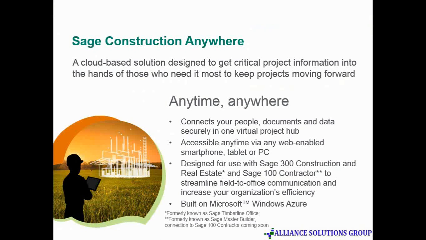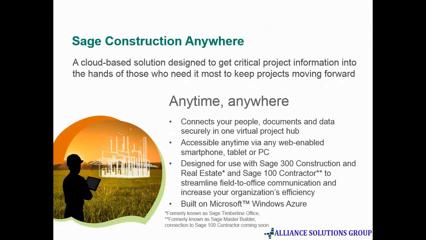I don't want anybody to think that they're going to get anything different from either product depending on which one you own. So I'm going to refer to the accounting software as just generically back office, but know that I'm referring to both the Sage 300 CRE and the Sage 100 Contractor.